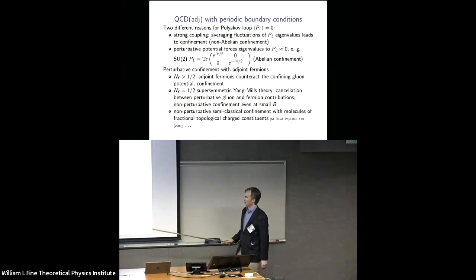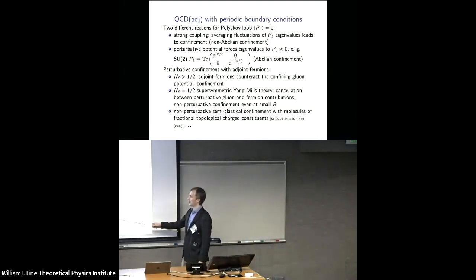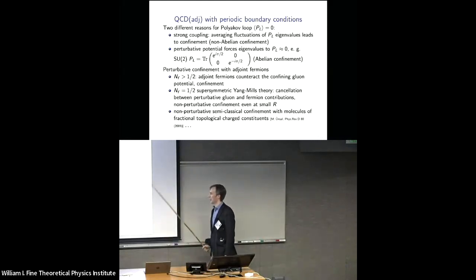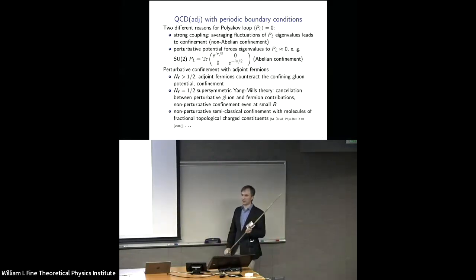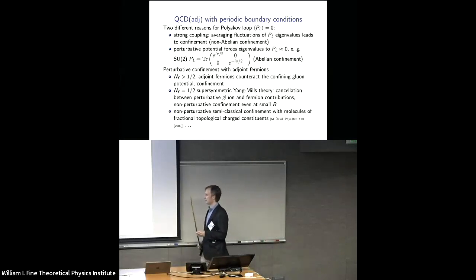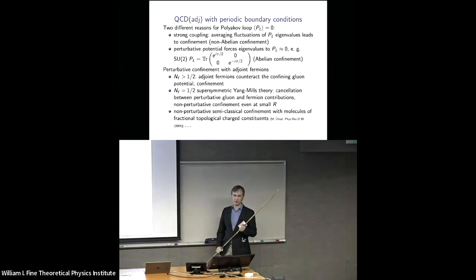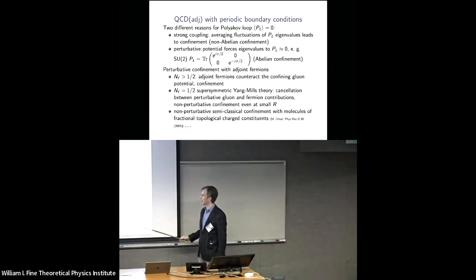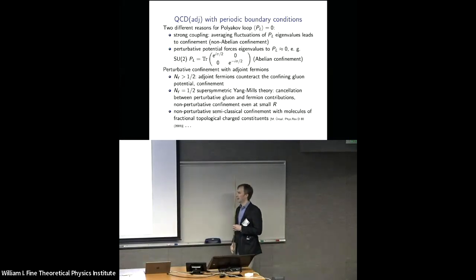What is important is that the specific case of supersymmetric Yang-Mills theory is quite distinct from the ones with a larger number of fermions, because there you have an exact cancellation between the perturbative contributions of the adjoint fermions and the gluons. So basically this means that from this perturbative perspective, the theory remains closer to a strongly coupled regime, even at this small compactification radius.